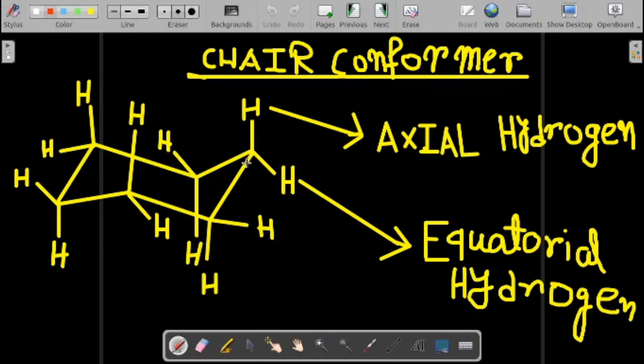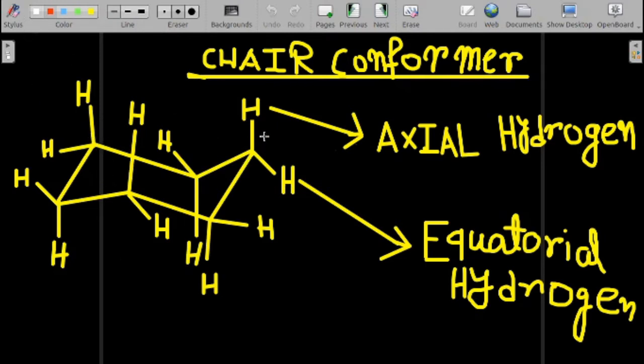This is a carbon, this is a carbon, this is a carbon, so we can number the carbons as well. This is the number 1 carbon, this is the number 2 carbon, this is number 3 carbon, this is number 4 carbon, this is number 5 carbon, and this is number 6 carbon. So here we see that there will be 6 carbons.